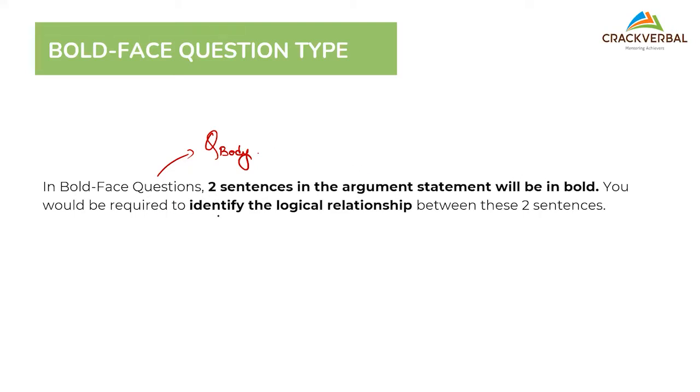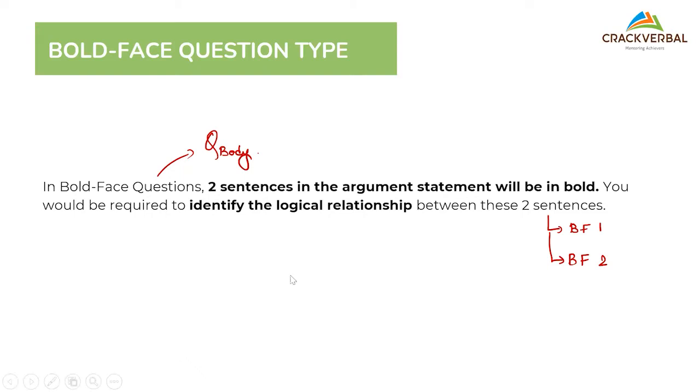And you will be required to identify the relationship between these two sentences. We call them boldface 1, BF1, and BF2. That is the basic logic. So there are two boldface sentences. This is the aim of the question type, or rather the aim of my examiner would be.